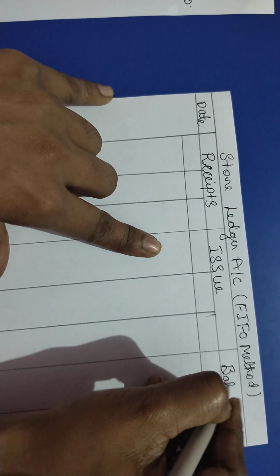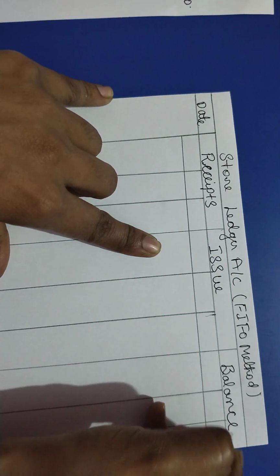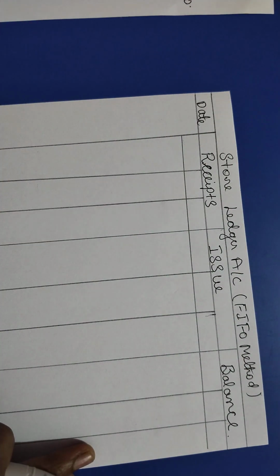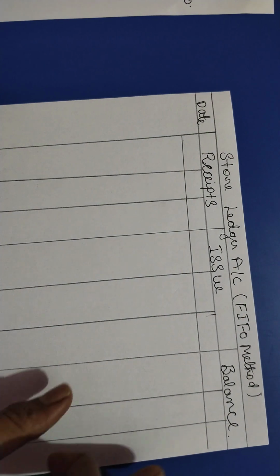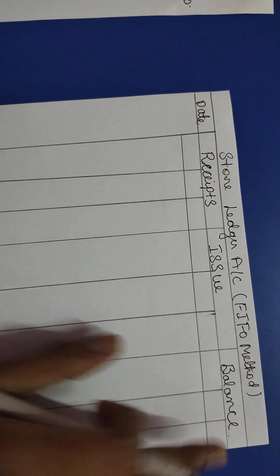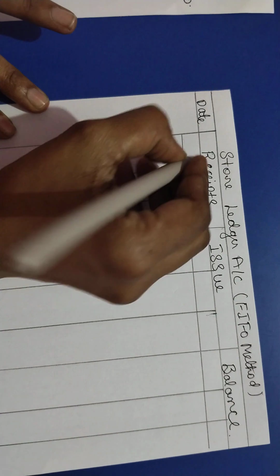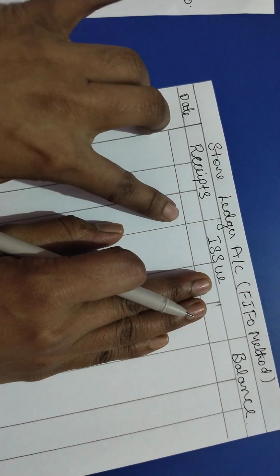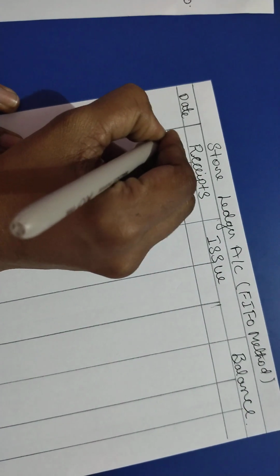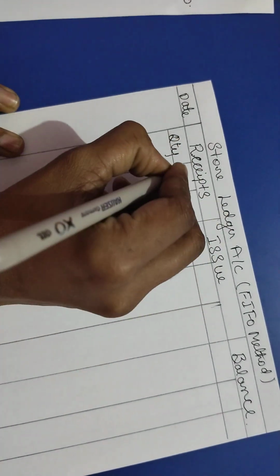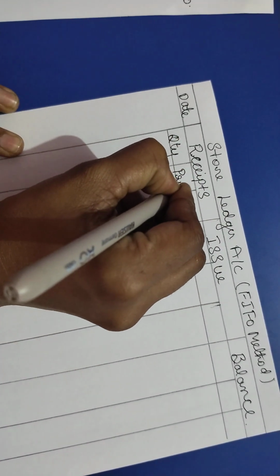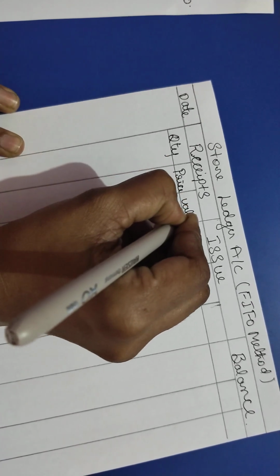Then the remaining balance you are recording. Balance is whatever there is right now in the account, that is called balance. Okay. Under each division we have three sub-columns. The sub-columns are quantity, price, value.